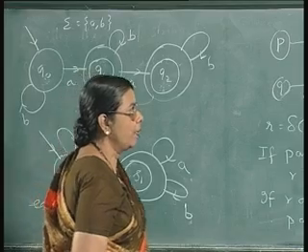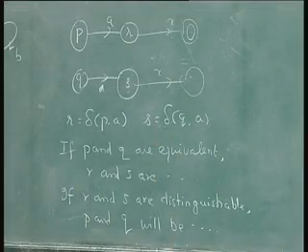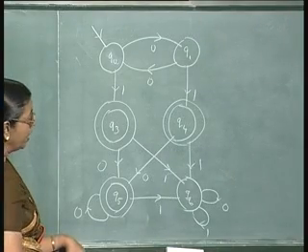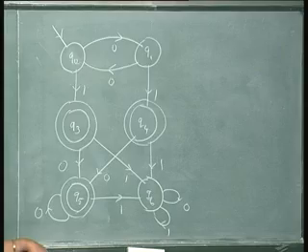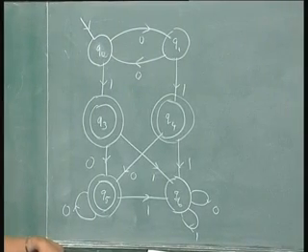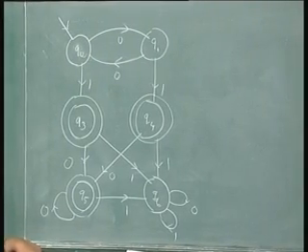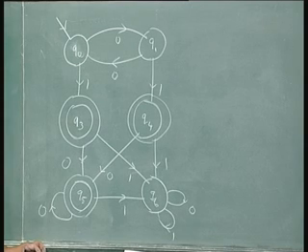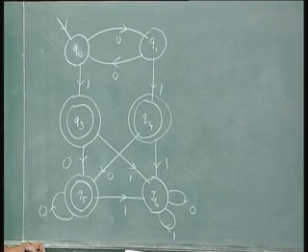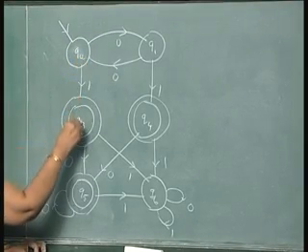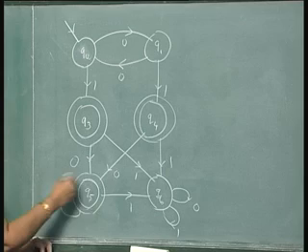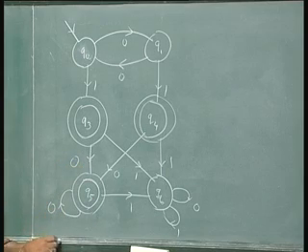Let us consider one more example and consider the minimal state automaton. Take this example. You are having 6 states Q0, Q1, Q3, Q4, Q5, Q6. What are the sets of strings accepted? If a string contains just one 1, any zeros followed by a 1, it may be followed by more zeros also, it will be accepted.